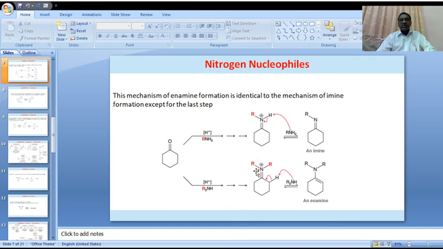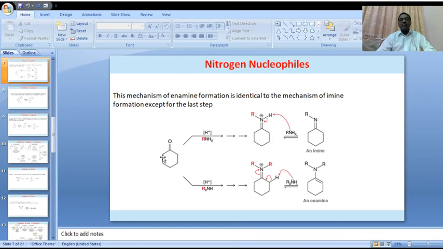Because in this imine there is no hydrogen atom, the hydrogen is abstracted from the ortho position, and in the cyclic ring that position forms a new pi bond, because we get an enamine compound when we use secondary amines.